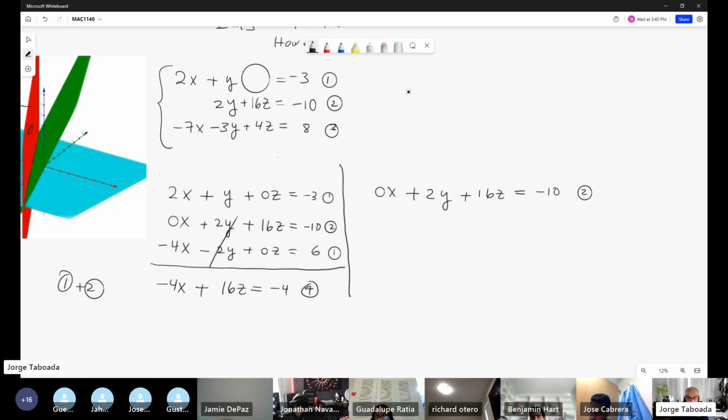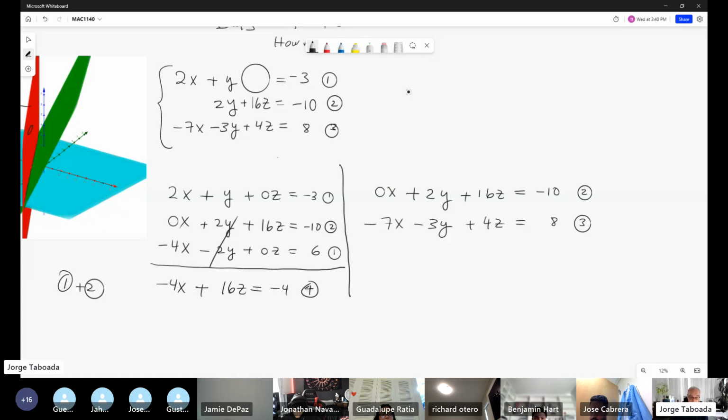And equation 3 is the last one: minus 7x minus 3y plus 4z equals 8. The most important detail: if you eliminate y in one equation, you have to eliminate y in the other too. This is a super important detail.